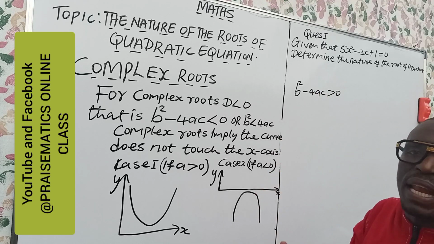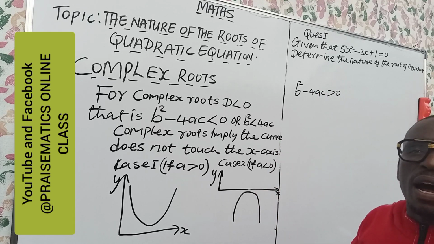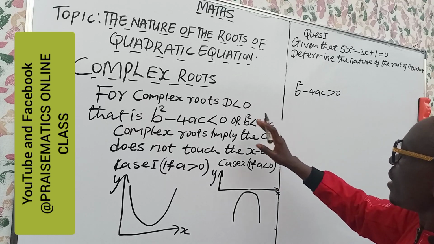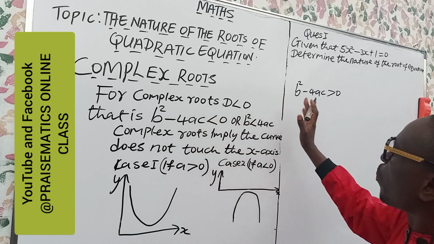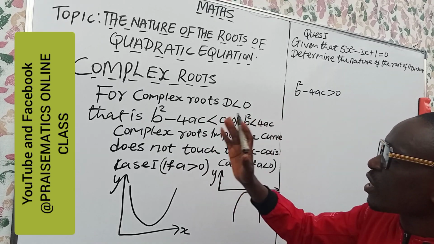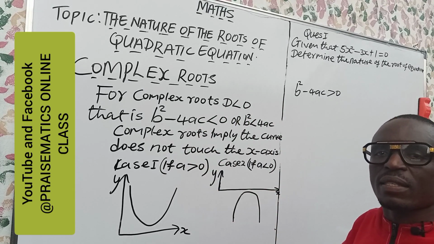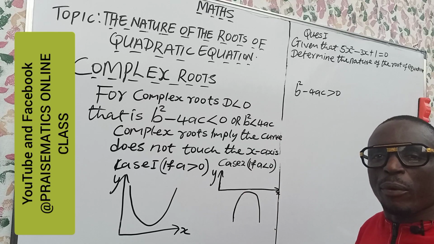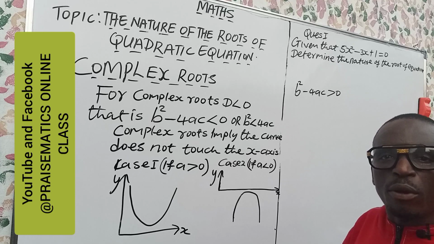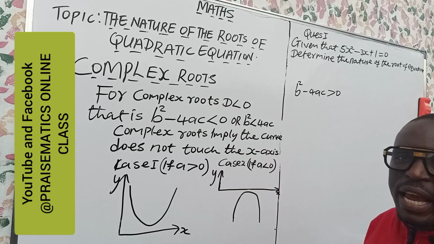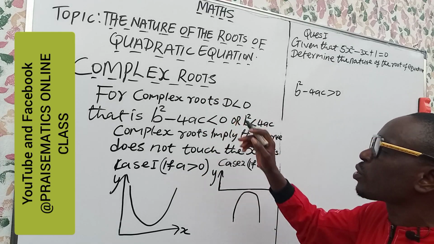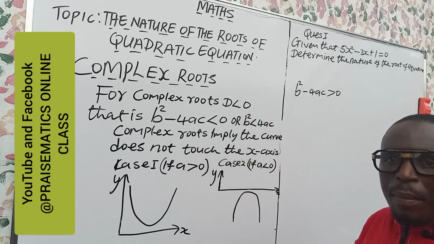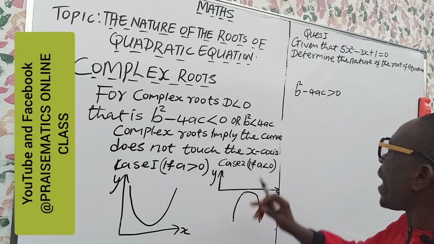If you plot it on a number line, it will be on the positive side. But for this complex root, if you plot it on the number line, you get it on the negative side, because the numbers that you are going to get will be less than 0. In other words, it must be minus. So the discriminant must be a negative number, less than 0.